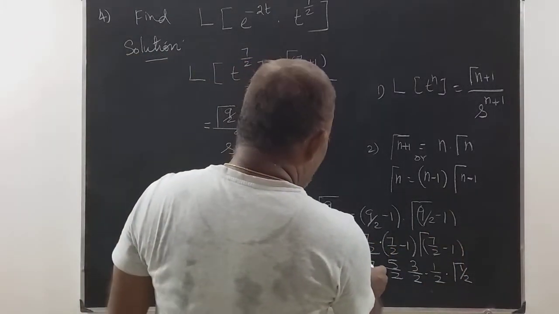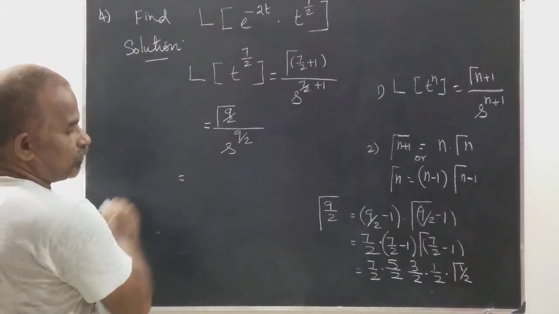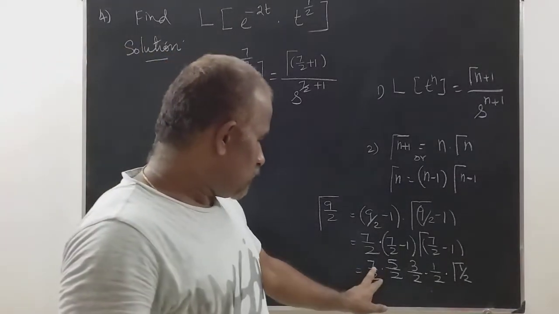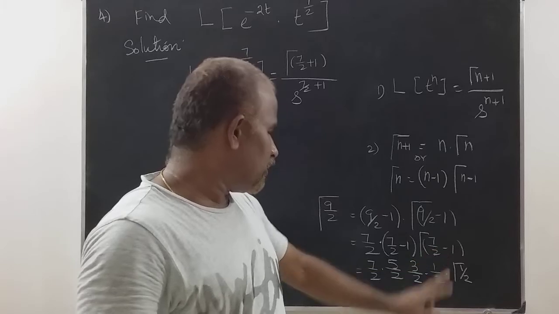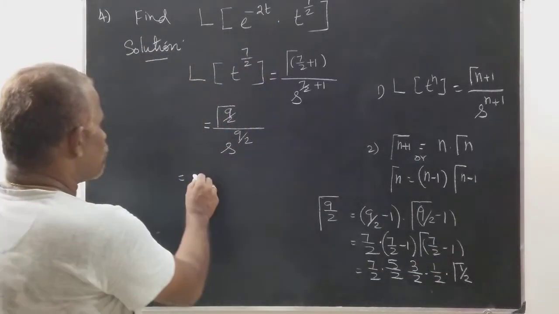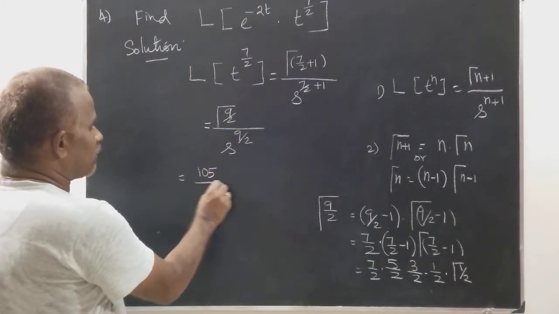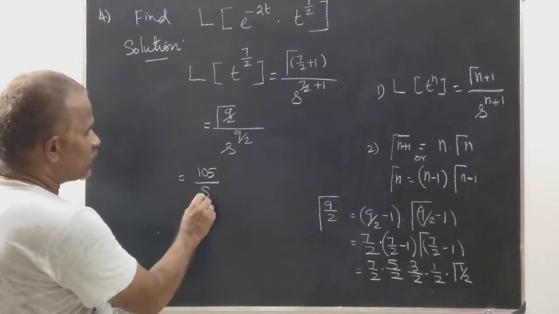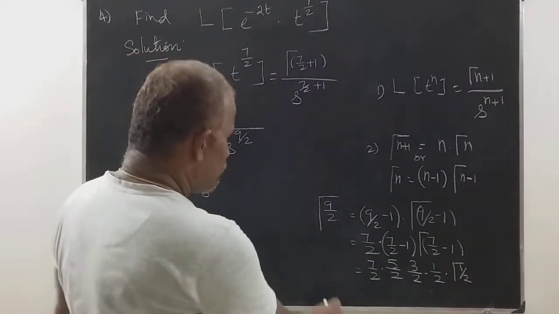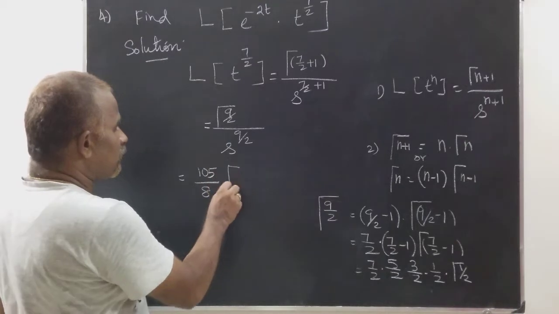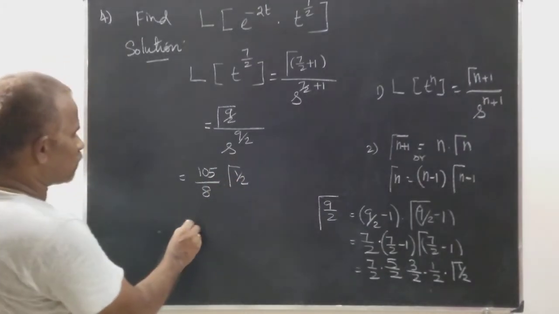So therefore, this is equal to 7 into 5, 35. So 35 into 3, 105. 105 divided by 8 into gamma of half. So we know that gamma half is equal to square root of pi.